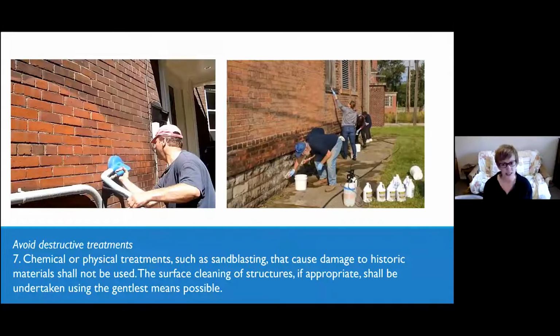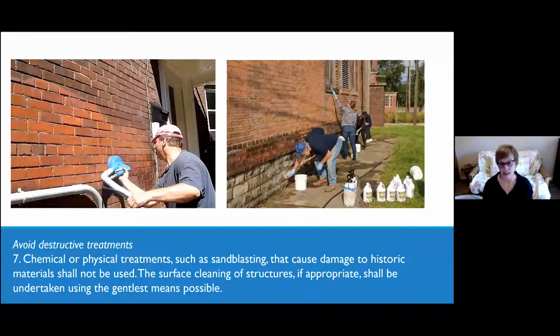This is one of those things that doesn't really come up in our design guidelines, because maintenance of historic buildings is not something you have to come to Landmark for review. We review alterations to the exterior, but we don't review general maintenance. So if you're going to be cleaning your masonry building, that's not something you need to come to Landmark for review.